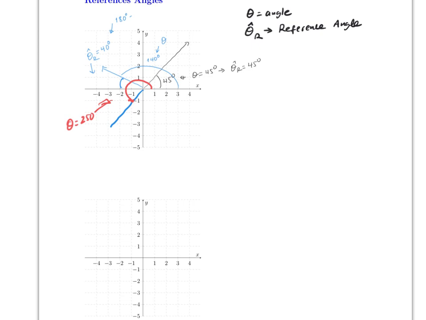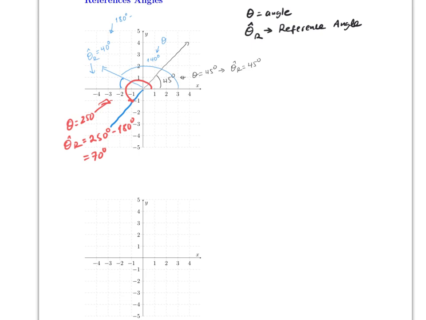Then the reference angle, theta hat, is going to be whatever you went over 180. So after here, this is 180. 250 is how much more than that? So in this particular case, if you are in the third quadrant, it is going to be the angle minus 180. So this will be 70 degrees.